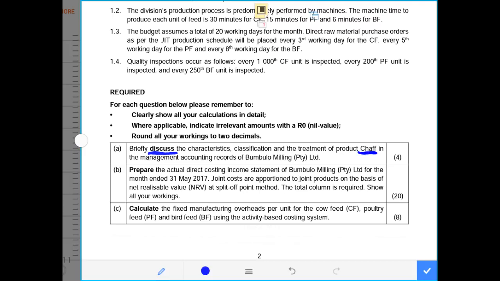This is likely to be a byproduct when you are required to classify and characterize a product. So I'm sure that we'll be dealing with the joint cost in this exercise.